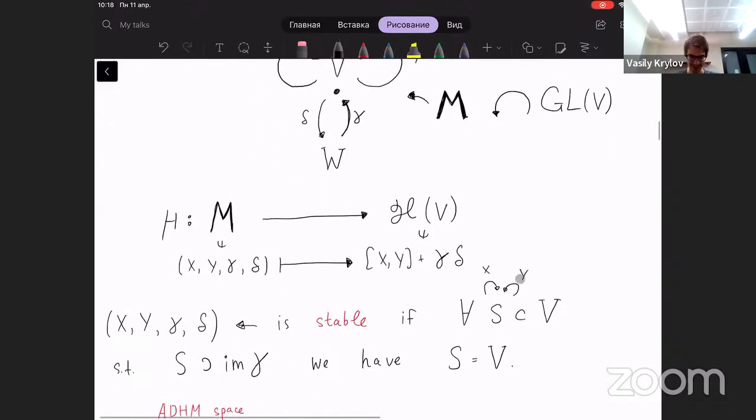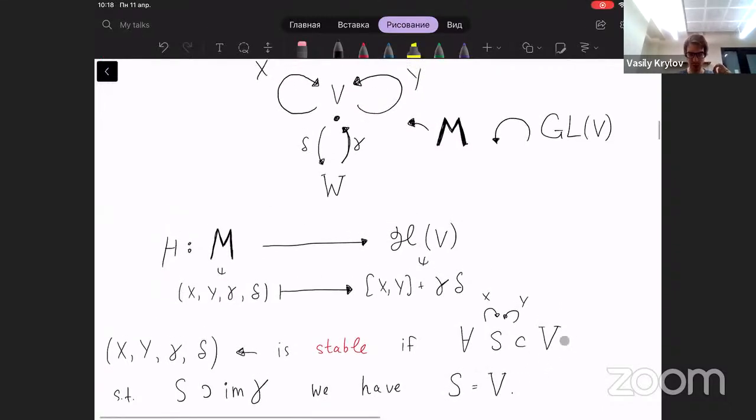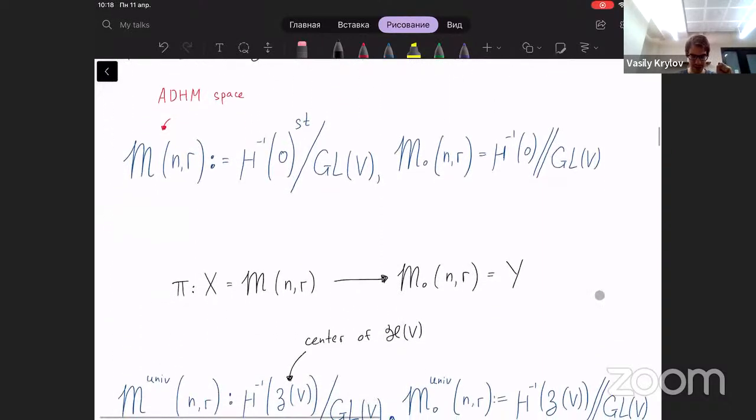Okay, so now the definition: a quadruple x, y, gamma, delta is called stable if for any vector subspace S inside V which is preserved by X and Y, and such that the image of gamma lies inside this S, we must have S equal to the whole V. So in other words, the image of gamma, when we act on it by X and Y, generates the whole V. Okay, and now we are ready to give the definition of the ADHM space.